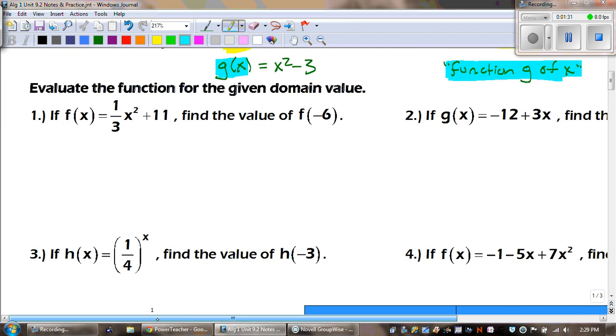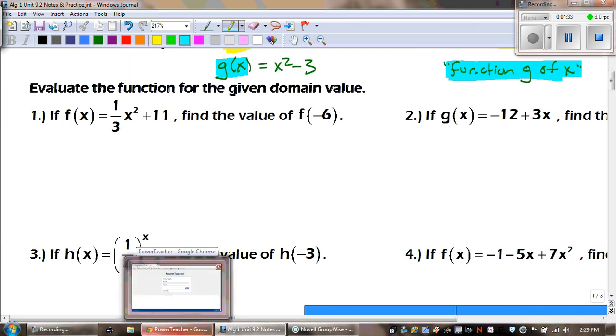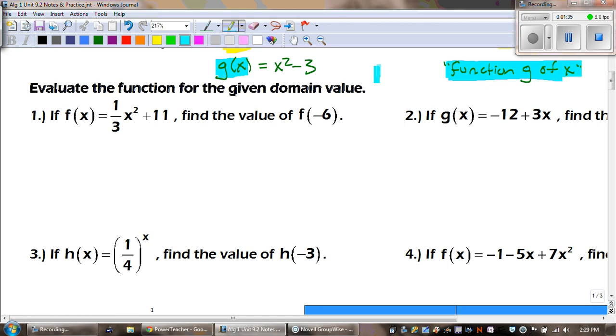Now, number one says to evaluate the function for the given domain value. So what that means is there's our x, and they're saying if f of x equals 1/3 x squared plus 11, find the value of f of -6.